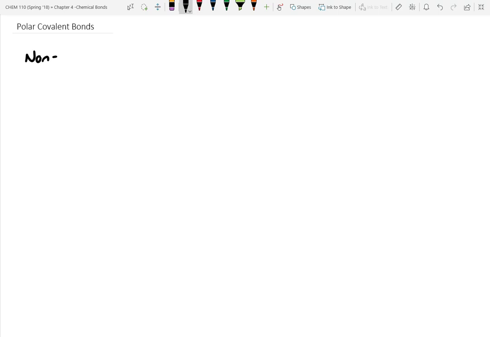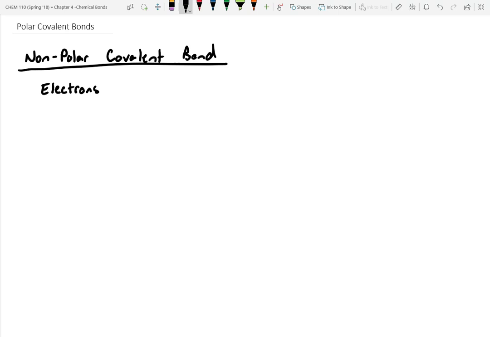And we'll do this by a counterexample with the nonpolar bond. A nonpolar covalent bond is described as a bond where electrons are shared evenly between two atoms.